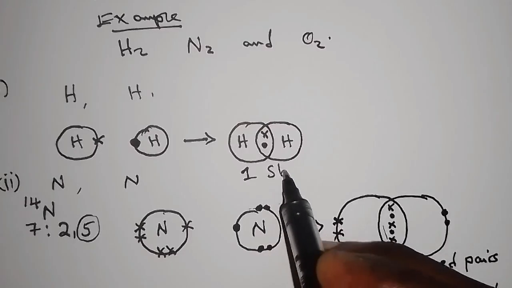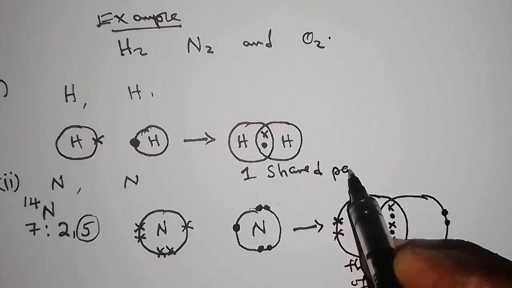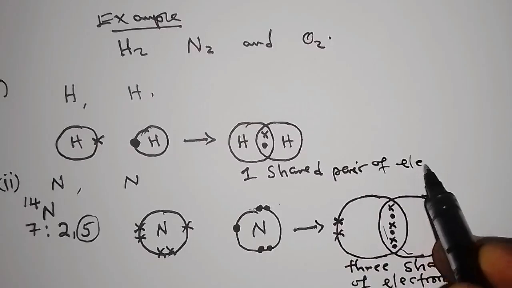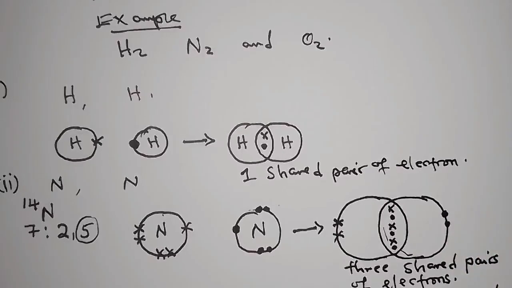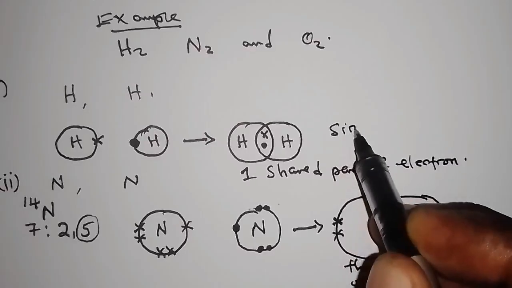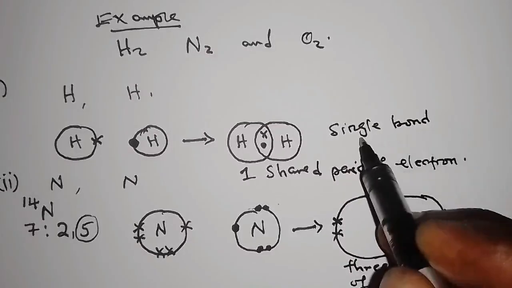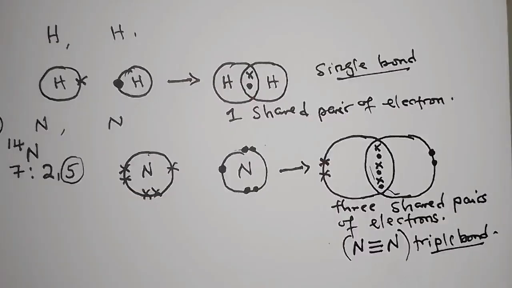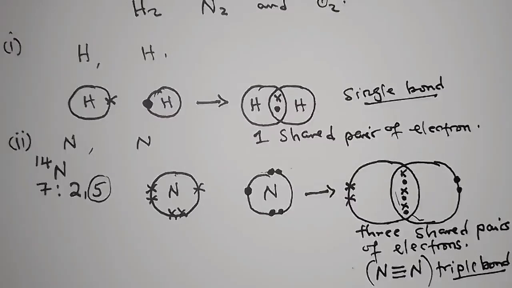One shared pair of electrons. So in this case it is a single bond, as opposed to this one. So normally that is what you need to understand.